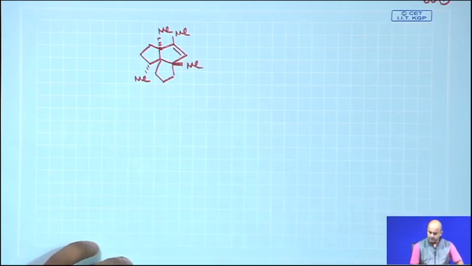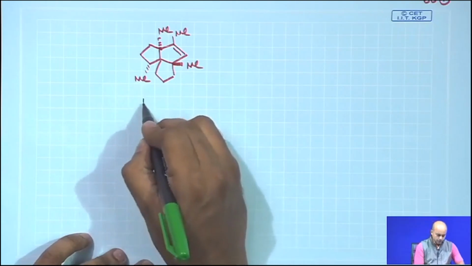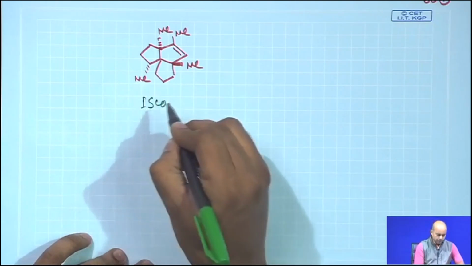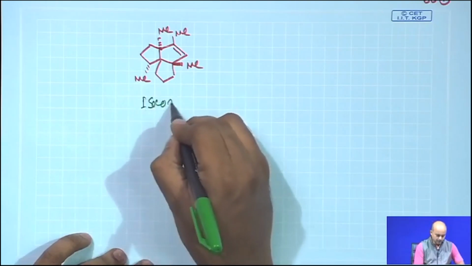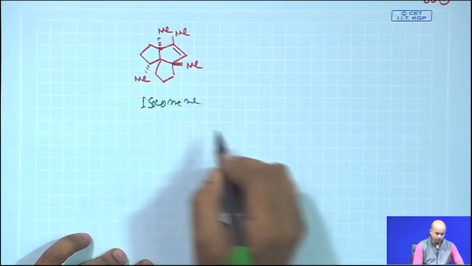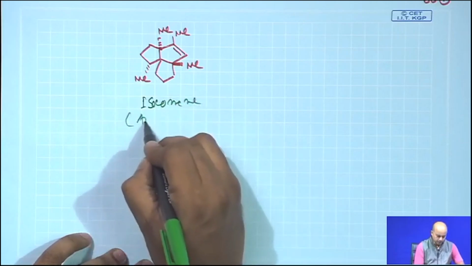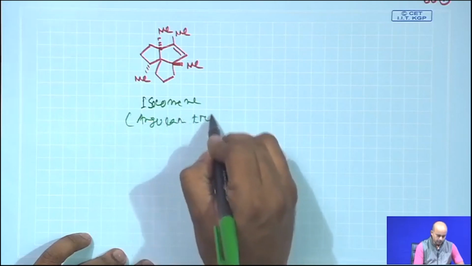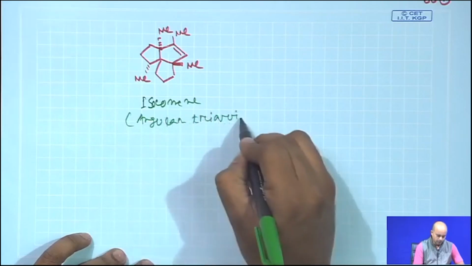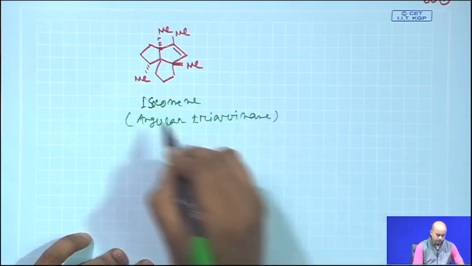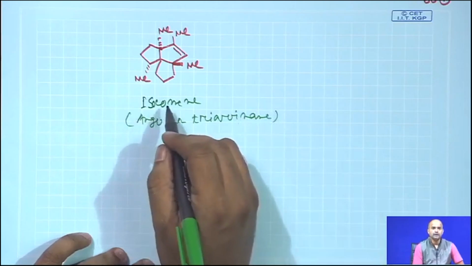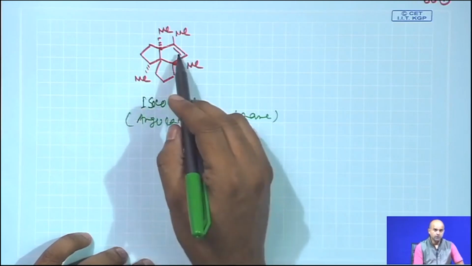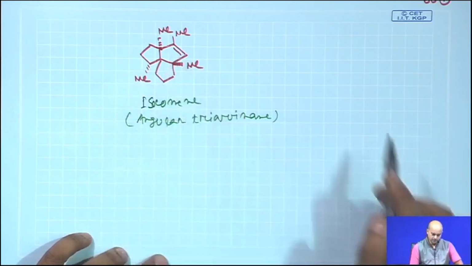The molecule is named isocomene. It falls in the class of angular triquinones. The molecule does not have any active functionality except an olefinic unsaturation.